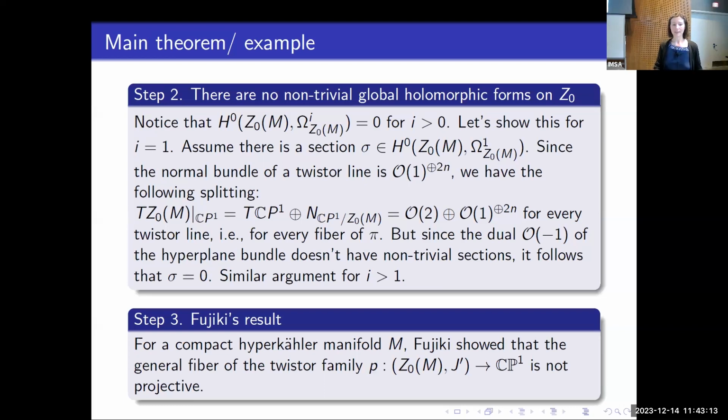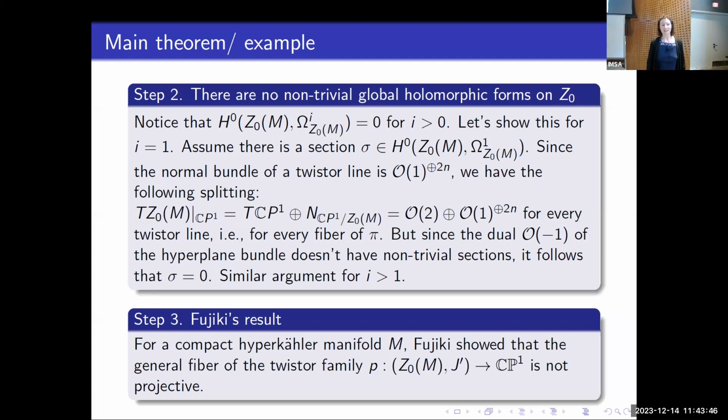So first, let's make the observation that there are no global holomorphic forms on the small Twistor space. The only global holomorphic form is the zero form. Well, this basically follows because we know what the normal bundle of a Twistor line is. The normal bundle of a Twistor line is O(1), and then you take 2n copies of it.